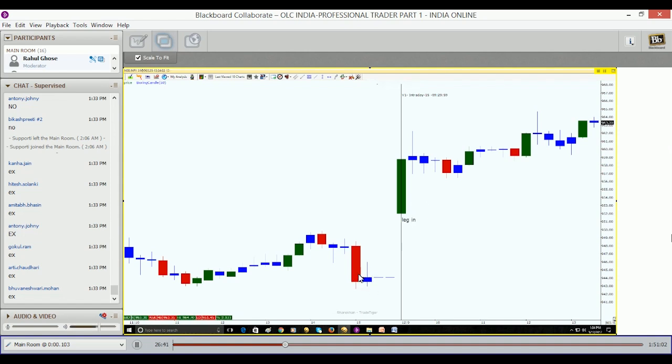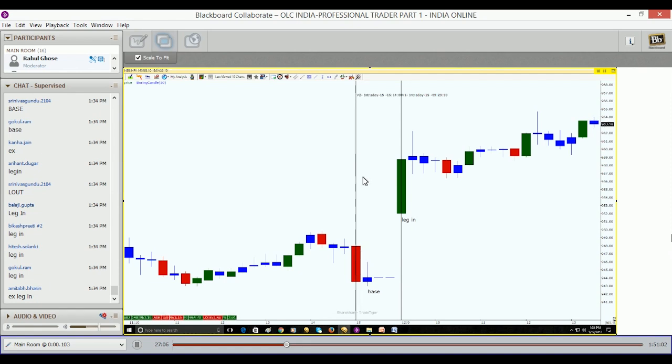This candle becomes my base. What about this candle over here? This is again an exciting candle.